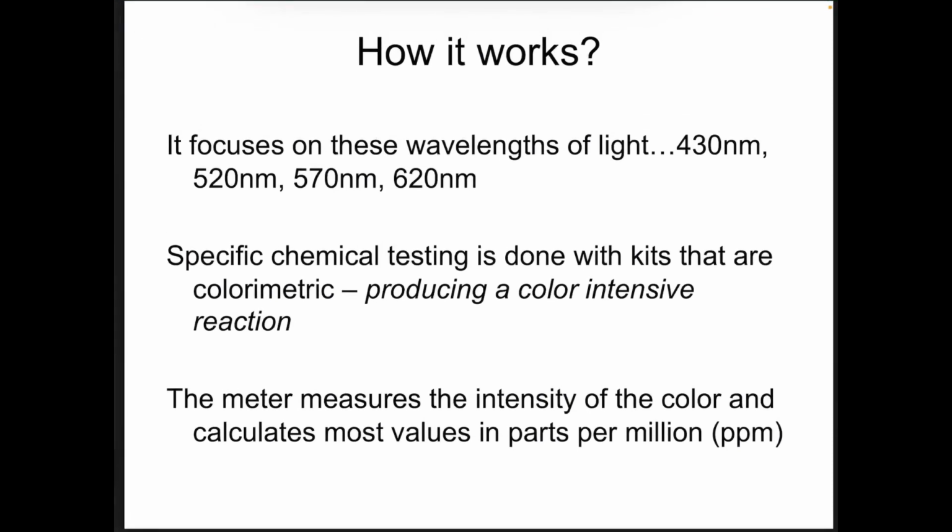Alright, so how does the colorimeter work? It focuses on the following wavelengths of light: 430, 520, 570, and 620. Remember that the sample should have a change in color. It needs to have color for it to determine the concentration of a certain chemical. For example, if you dissolve iron in water, it emits a blue color.